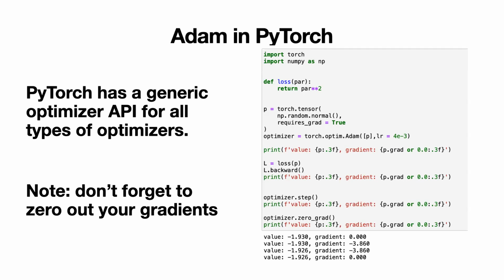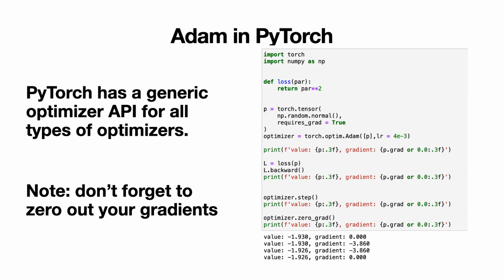What's a little bit annoying with PyTorch is that it will not reset the gradients, right? So it's important to reset the gradients for the next step, because you don't want to keep accumulating gradients all the time. I don't know why they thought that was a good idea, but okay. Not resetting the gradients in your optimization loop is a frequent source of bugs.